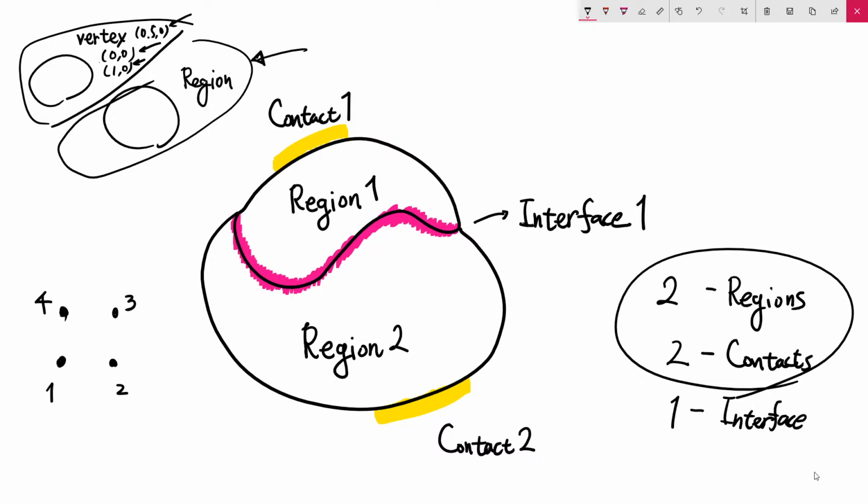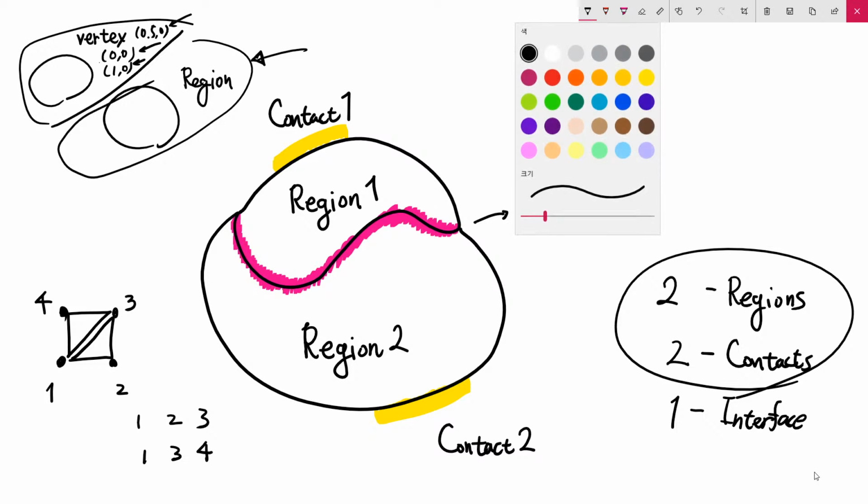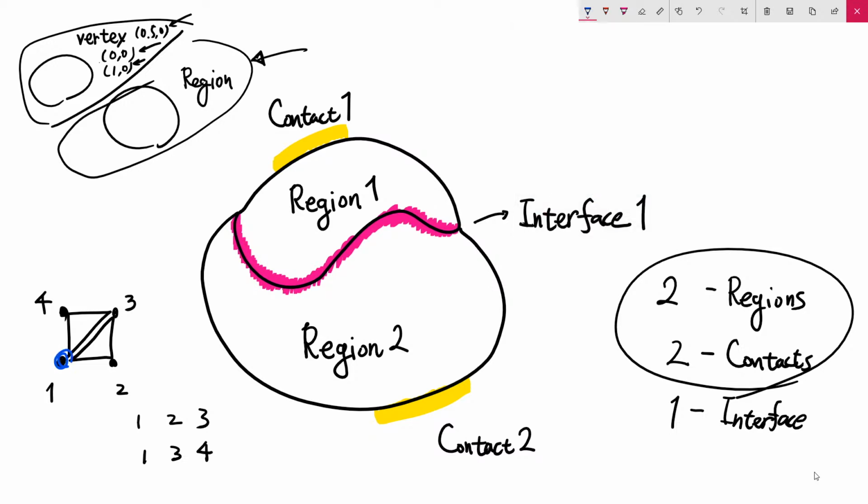In this case, if we specify in that way, our region file will contain 1, 2, 3 and 1, 3, 4. However, let's say you have just changed the position of your point 1, point 2, point 3 and point 4. In this case, your element or triangle will look like this. However, it doesn't make any difference in your element file.